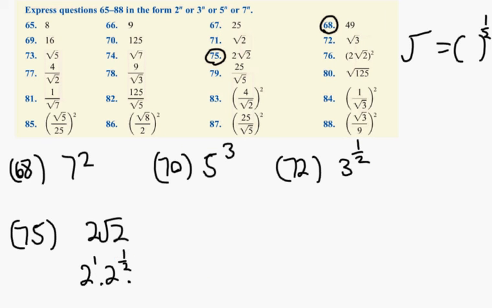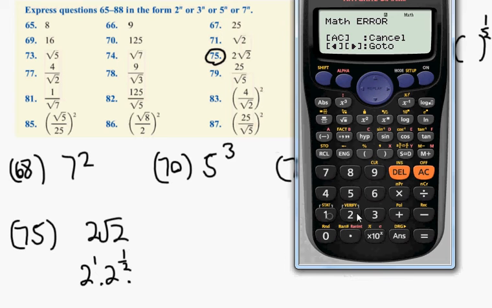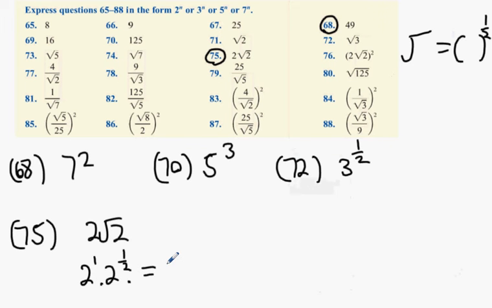You add them together, and you get 1 plus a half. I think Liam was saying it's 3 over 2. Yeah. So, 2 to the power of 3 over 2.